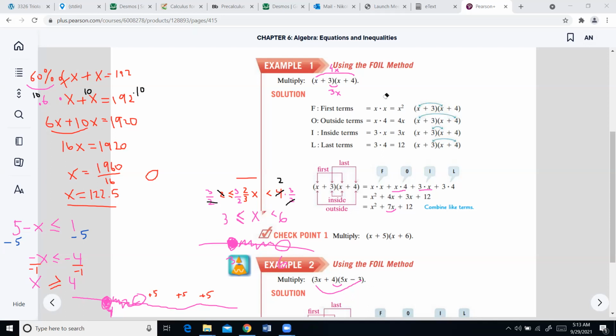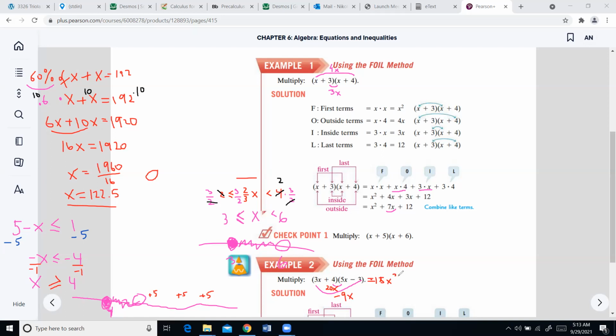So inside, when I multiply 4 by 5, it's going to be 20x, right? And the outside product will be negative, minus 9x, because I multiply positive 3 by negative 3. So the first term product will be 3 by 5, which is 15 with x squared.